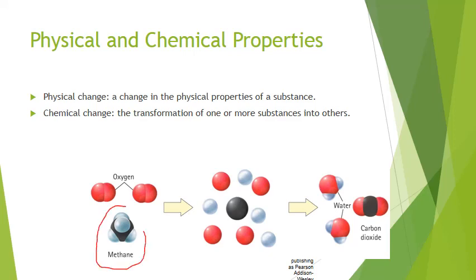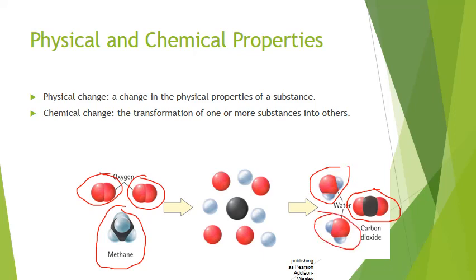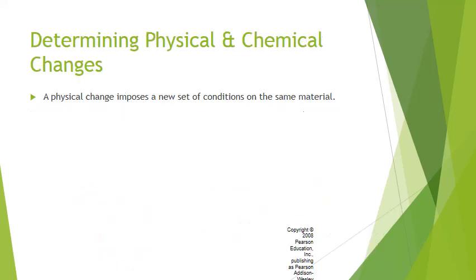You've got methane, which is also known as natural gas. When combusted in the presence of oxygen, of course you need oxygen for combustion to occur, the atoms rearrange themselves and you wind up with a new substance. Two new substances, in fact. You start out with oxygen and methane, you wind up with water and carbon dioxide. That is a chemical change.